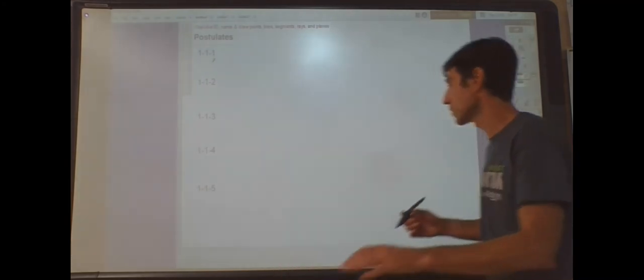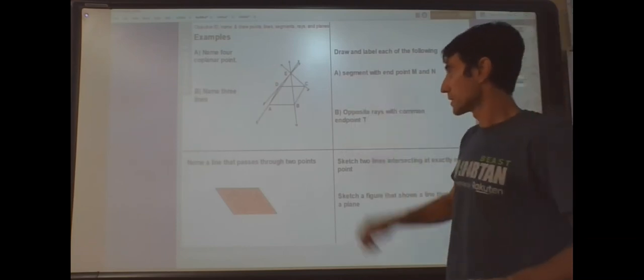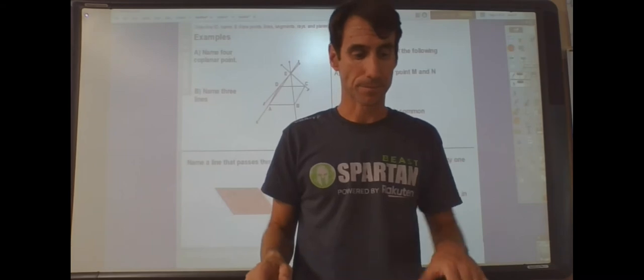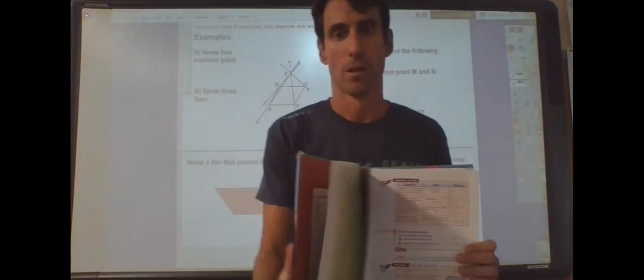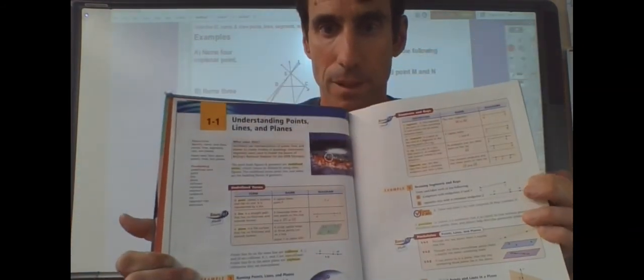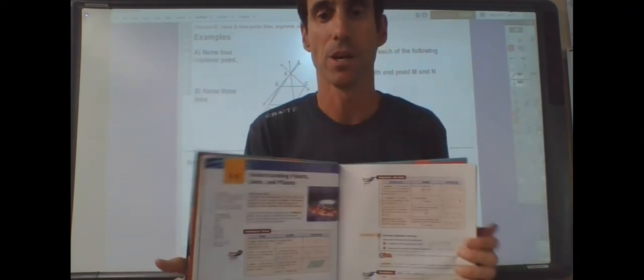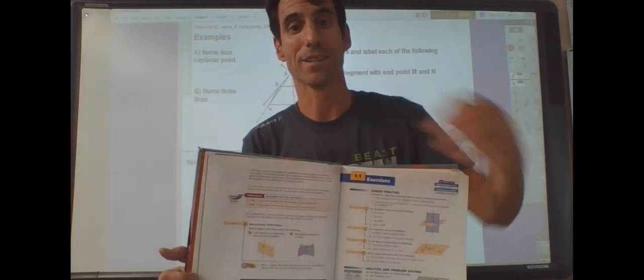All right, so then, here we have 4 examples. Now, these 4 examples will correspond with the 4 examples in the book. So we have example 1, example 2 right here, example 3 at the bottom of the page. And I bet if I turn this page, I'll find example 4.